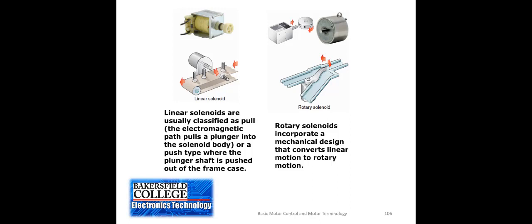So we can select which outlet we want the material to go into. That rotary solenoid can move that little directional piece of metal back and forth to make the material go in either of the sides.